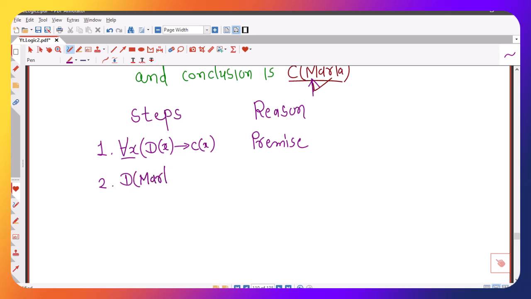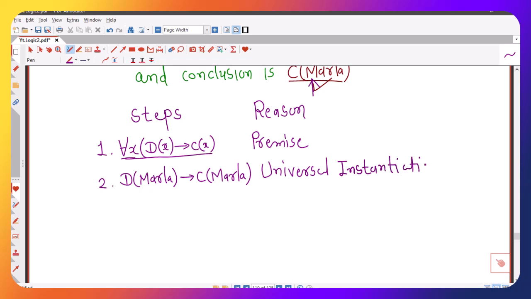That will give me D of Marla implies C of Marla. This is nothing but universal instantiation. The rule of inference is universal instantiation on number 1.